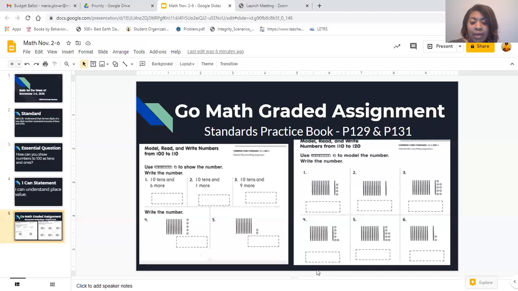That is how the assignment will be set up for this week's grade. So again, count by tens when you see the lines of the quick pictures, those represent tens, and count on by 1 when you see the circles. I hope that you all do well on your assignment.